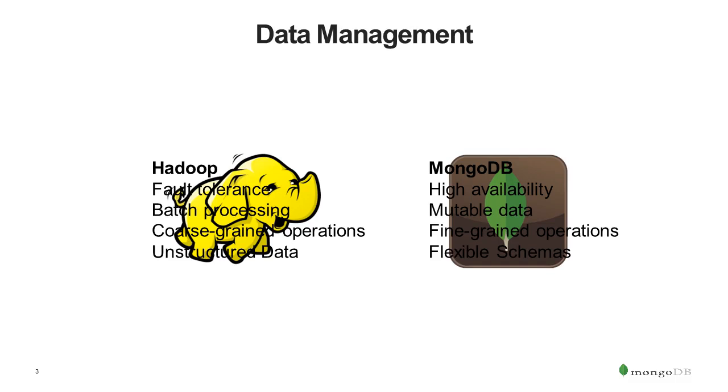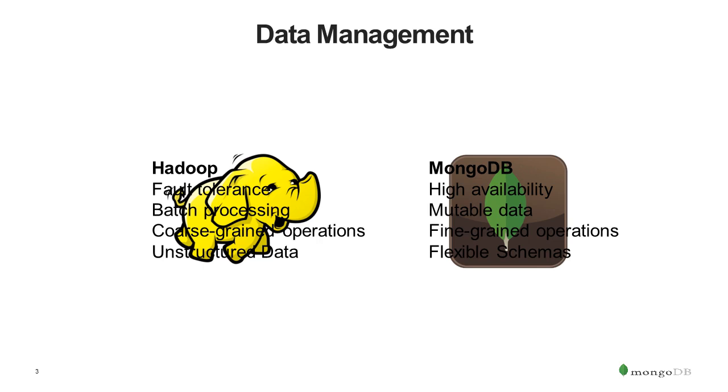If I have a distributed system of multiple servers, it's likely that one of those servers could fail during the execution of my processing. So Hadoop has a system for detecting that failure and then restarting the process. It doesn't have to restart the entire process from scratch; it would be restarting that portion of the process on the server that failed.